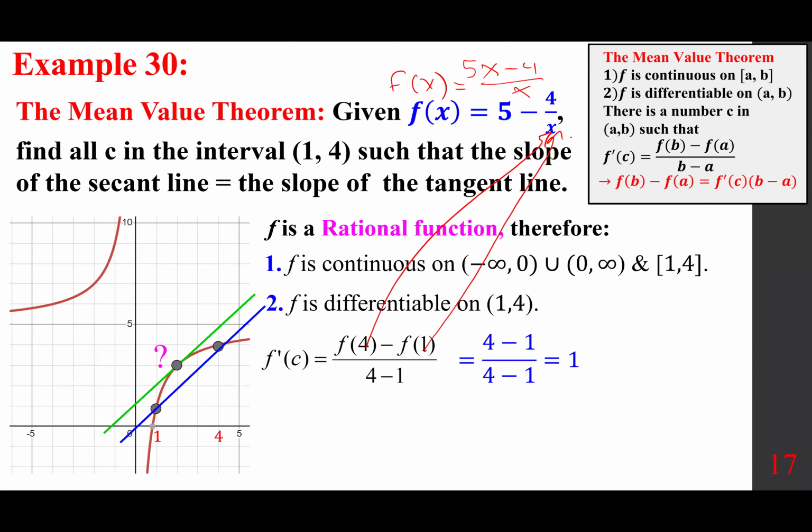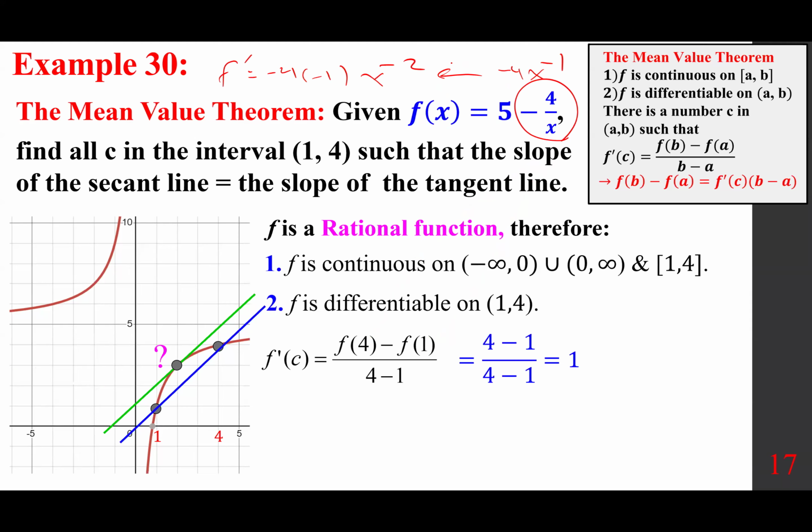Also, let me erase my word. If I want to differentiate, if you look at this one, it is minus 4 x to the power of minus 1. And its derivative is minus 4 times -1, x to the power of minus 2. Minus 1 makes it minus 2, so f prime is 4 over x squared.